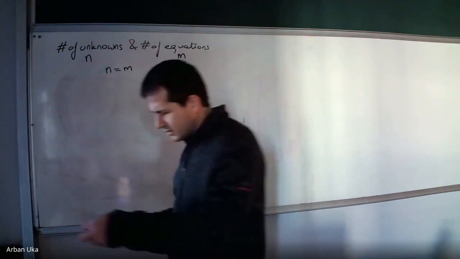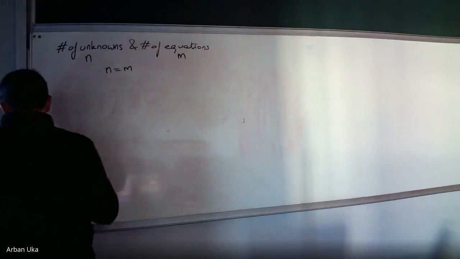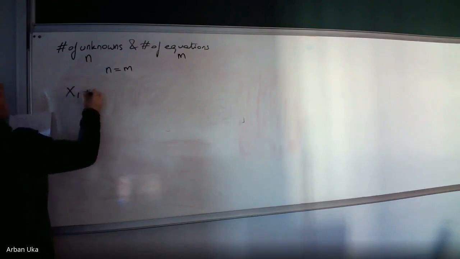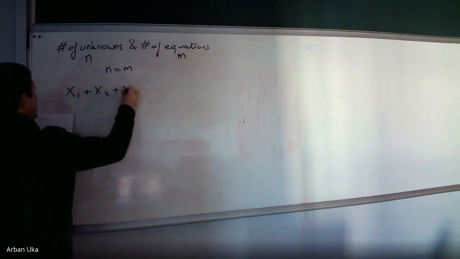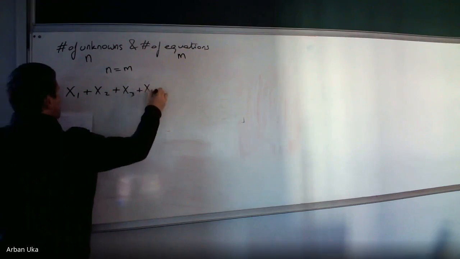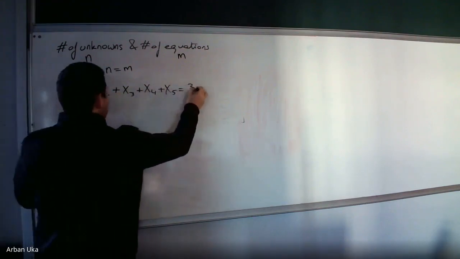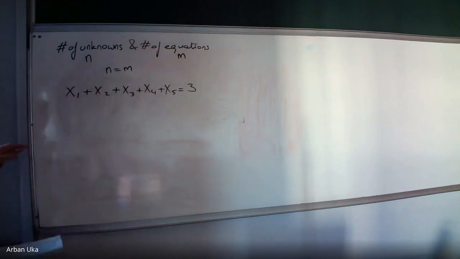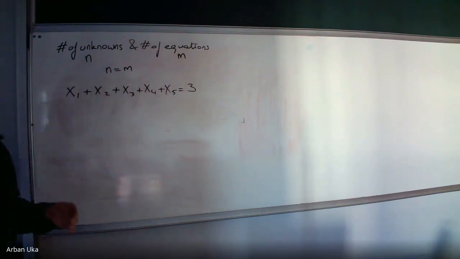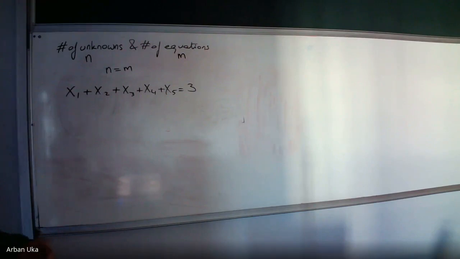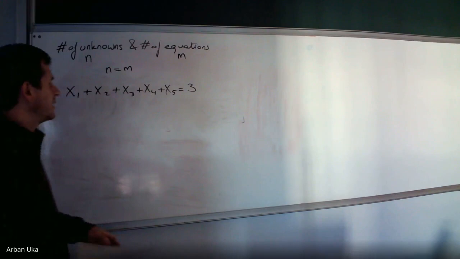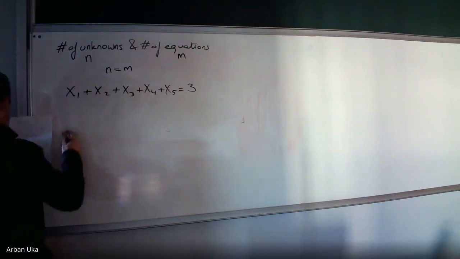Now, let's move to an example. Let's assume we have x1 plus x2 plus x3 plus x4 plus x5 equal to 3. So apparently we have 5 unknowns. The first thing that should come to your mind is, how many equations would I need? Well, 5, in order to get a unique solution. The same way that we gave 3 equations of 3 planes and got that intersection.